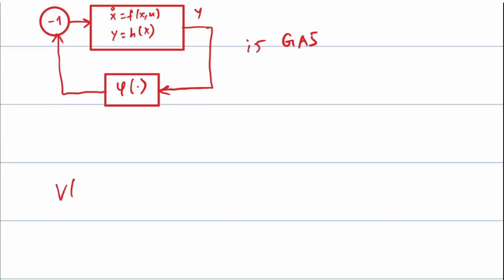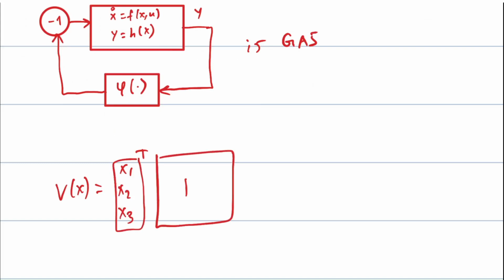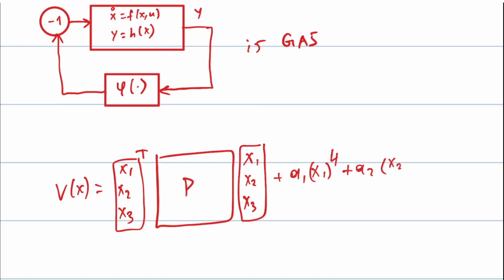V of x, we will employ x1, x2, x3, some P matrix, x1, x2, x3, plus a1 x1 to the power of 4, plus, and let me write down quickly.